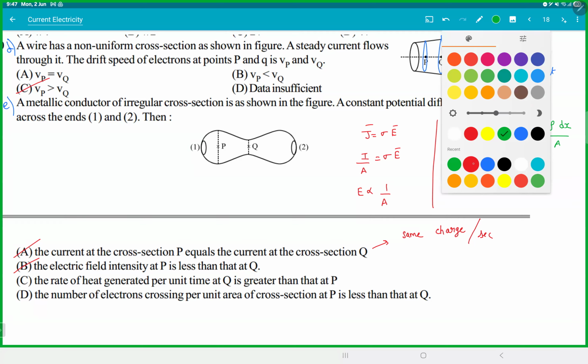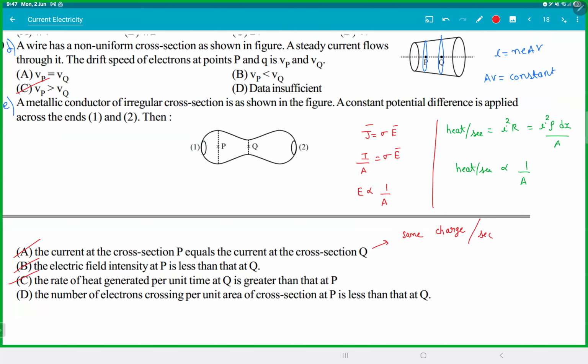And Q generates more heat. That is right. The number of electrons crossing per unit area: current is the same, but if you divide current by area, the game changes. So D is also right. All four are right. It's a good one.